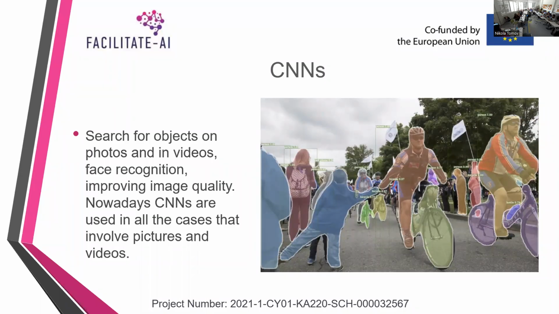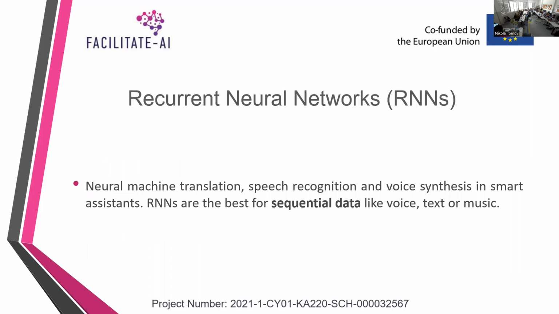We've seen very good examples with Yanni's tool before for CNN. What we were seeing before, detecting whether this and that and everything on the road, was basically CNN, convolutional neural networks, because they are used in cases where we have pictures and videos. They have good accuracy. Then we have recurrent neural networks for speech recognition or voice synthesis in sequential data, as we said before.